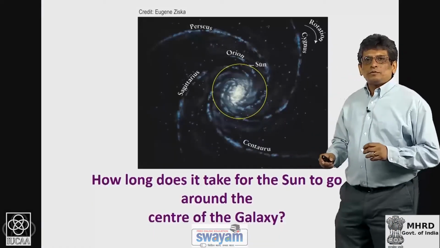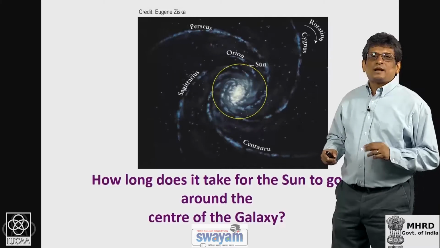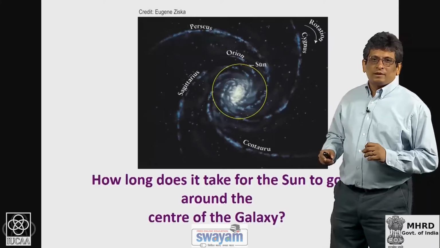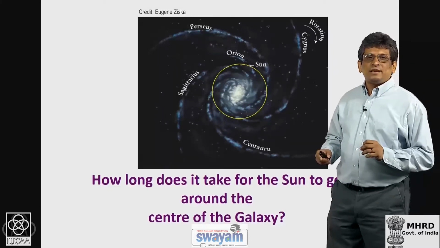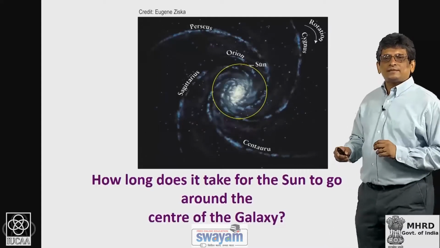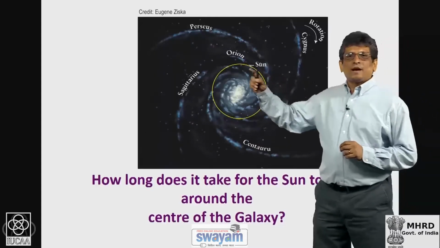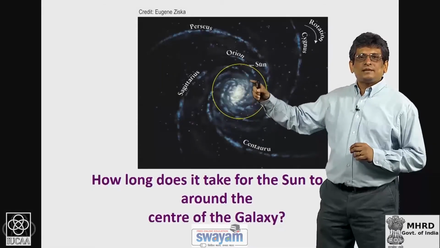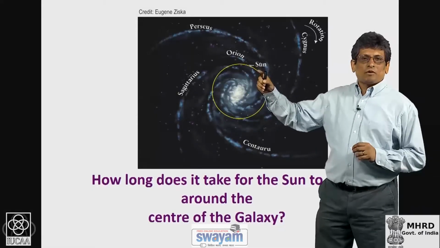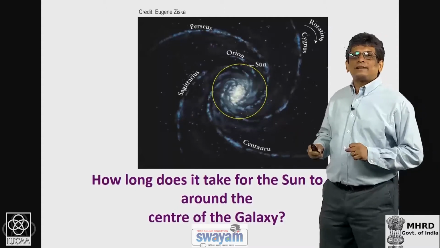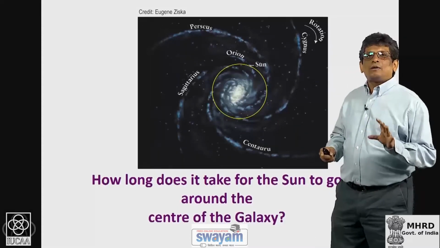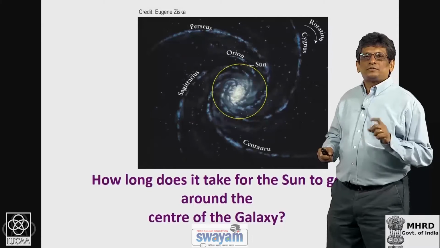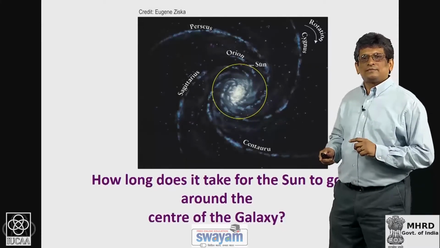Now, we will do a little exercise to figure out how the Sun is moving through our galaxy. You can see that that's the Sun, which lies, as I said, about 8 kiloparsecs from the center of our galaxy, and it's going in a more or less circular orbit. We'll try and calculate how long it takes for it to go around the center of the galaxy.